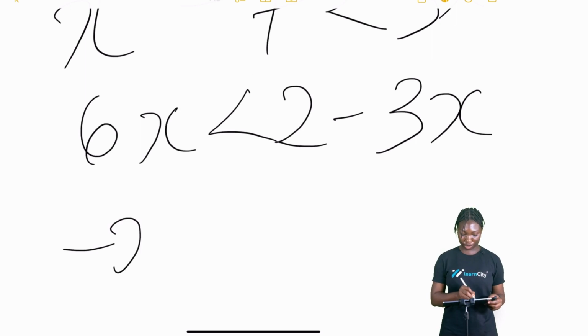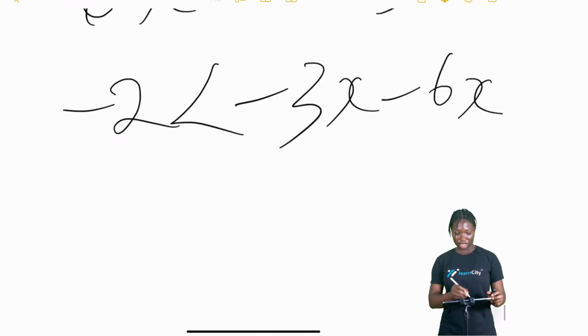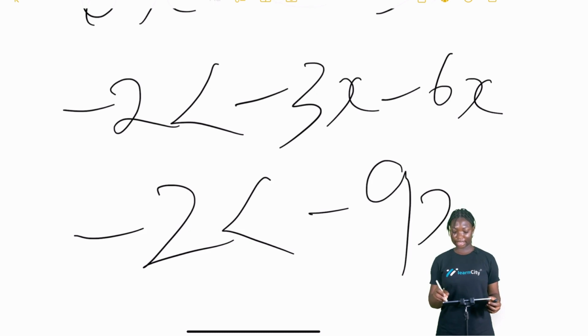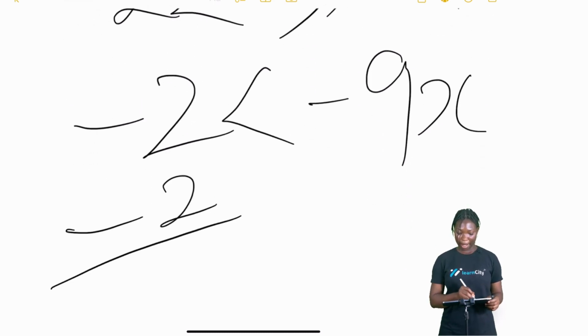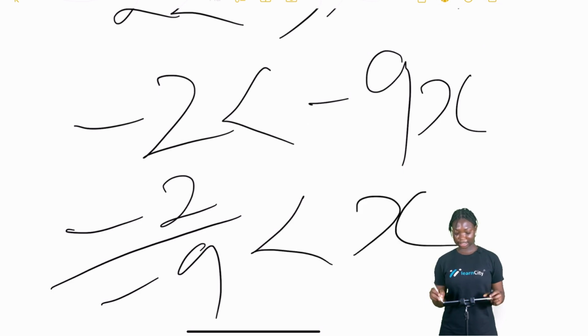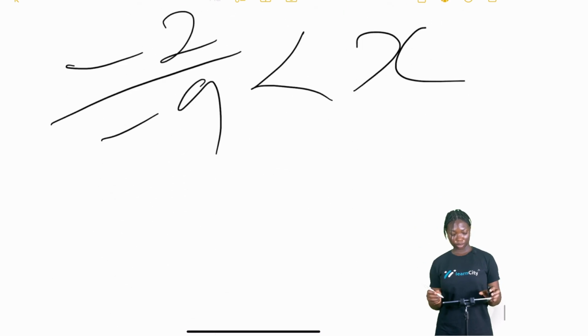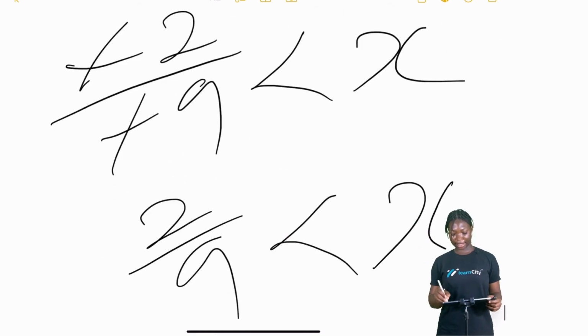So we have -2 less than -3x minus 6x, so -2 less than -9x. So we have -2 over -9 less than x, which is 2 over 9 less than x.